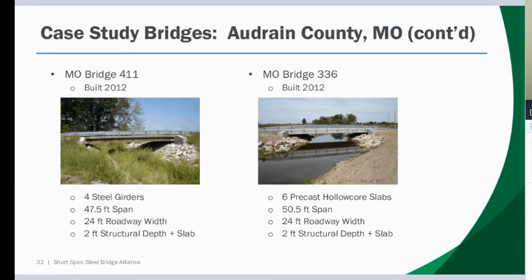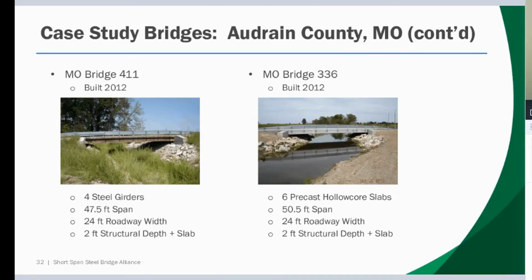I want to show you a couple projects that were built in 2012 in Audrain County, Missouri. If you look at these two bridges, they're pretty much identical, except for the fact that one is steel and one is concrete. They have the same roadway width, the same structural depth, virtually the same span, plus or minus a couple of feet.